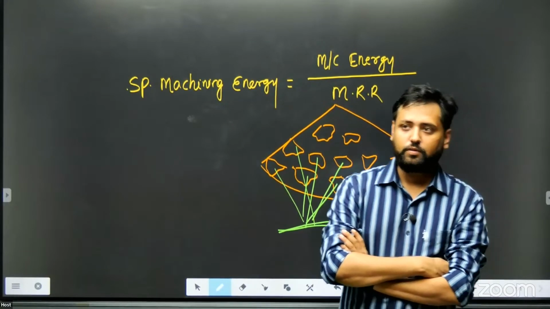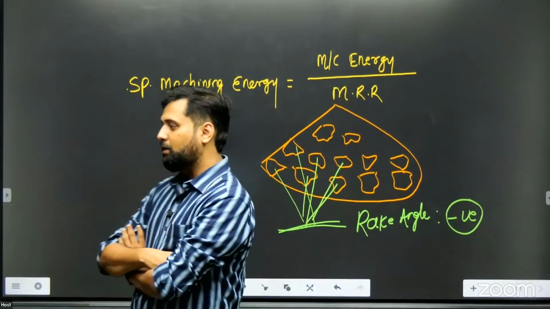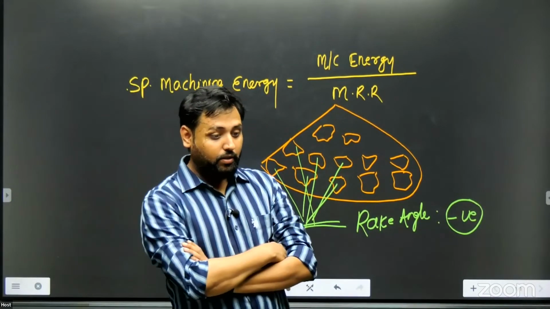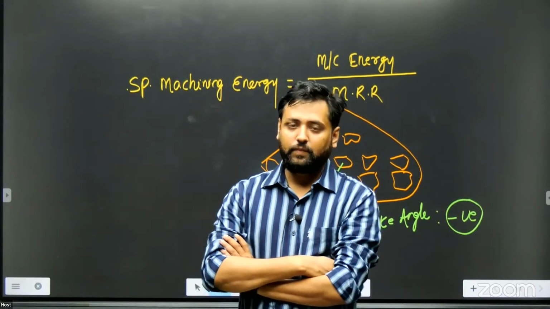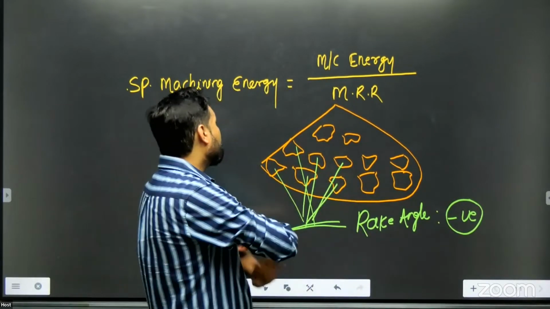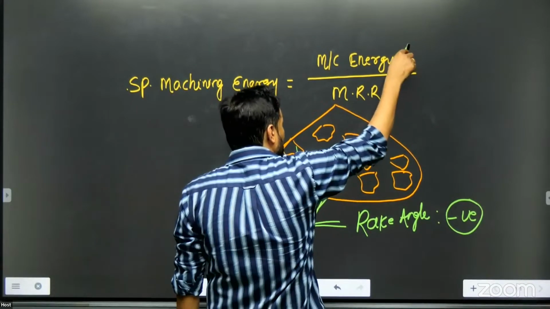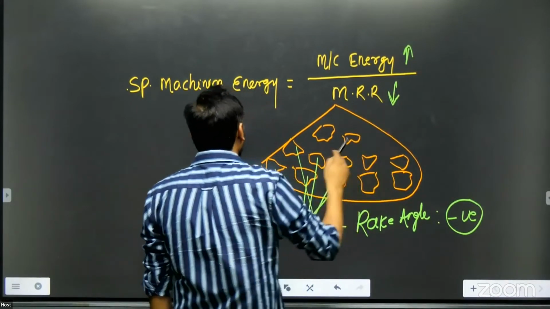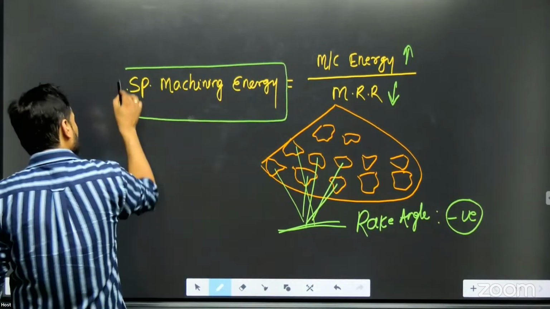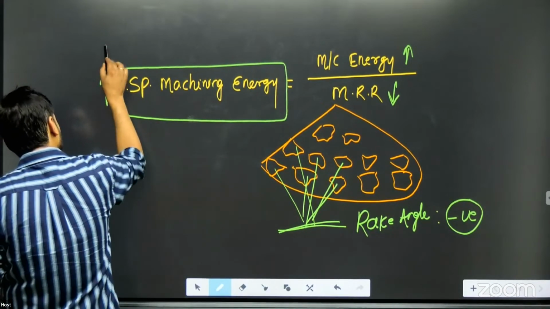The force during grinding will be very high. Since the force is very high and at the same time velocity is very high, energy will be very high and MRR will be very less. So machining energy is very high, MRR is very less. Because of that, the specific machining energy for grinding is very, very high.